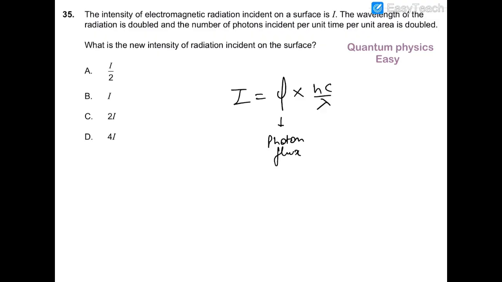So now what we have done is that the wavelength is doubled and the photon flux is also doubled. So the intensity will remain the same because the 2s will cancel out. So the correct answer is B. Now let us move on to the next question.